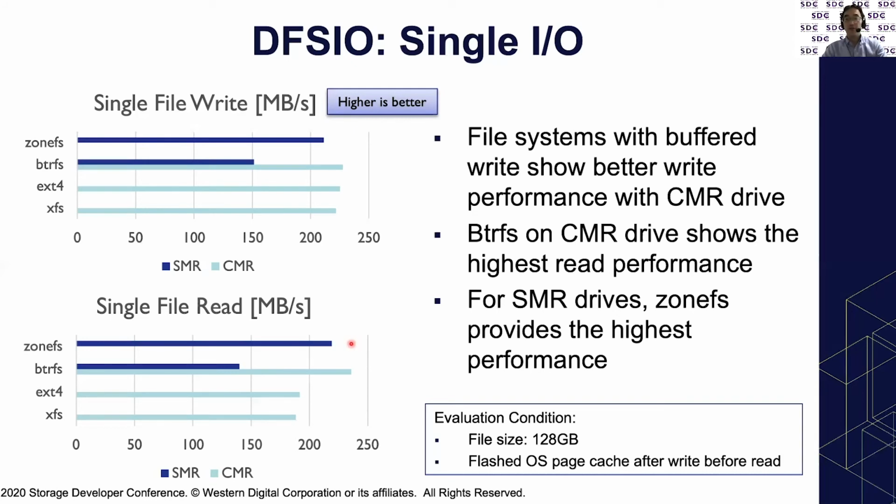ZoneFS on SMR drives shows the second best performance, and it is better than ext4 and XFS on CMR drives. When we compared SMR drive performance between ZoneFS and ButterFS, ZoneFS provides the highest performance for both write and read benchmarks.